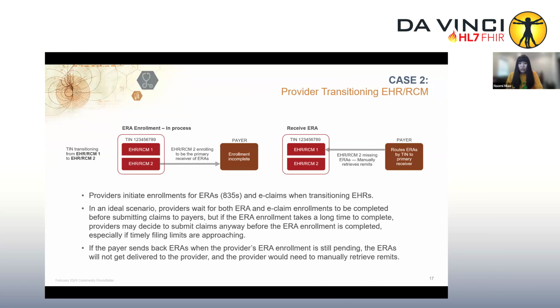There is the transitional period when the providers are transitioning off of an old EHR RCM system and are trying to get set up with enrollment with the payer or clearinghouse on a new EHR or billing system that they're trying to transition to. So the remits tend to get lost and not get sent to the right billing system here. And again, there's more detail on this slide. In the interest of time, I'll keep moving forward. Next slide, please.